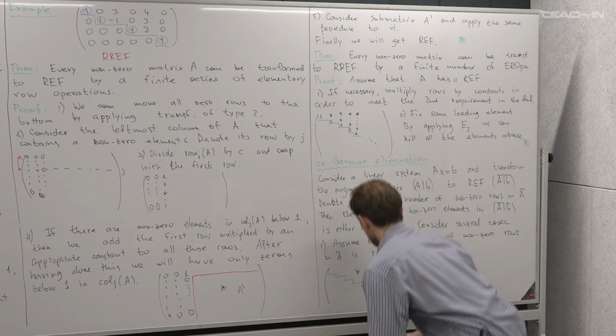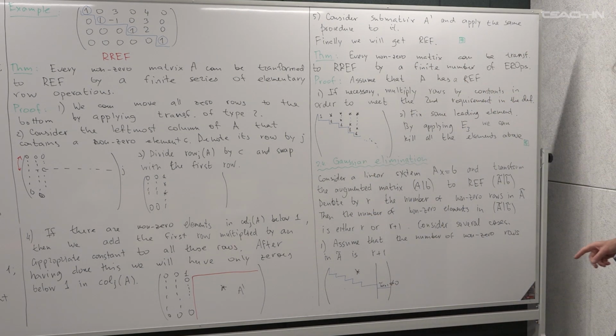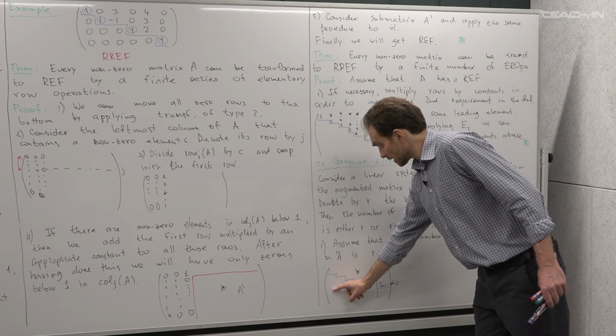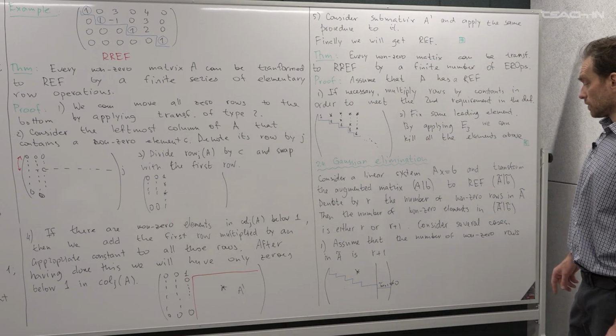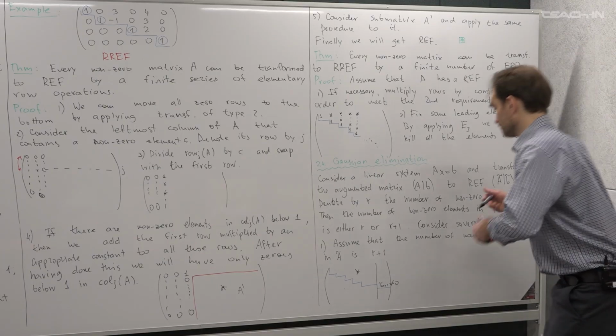So what does this mean? Let us look at the equation that corresponds to the r plus 1 row.